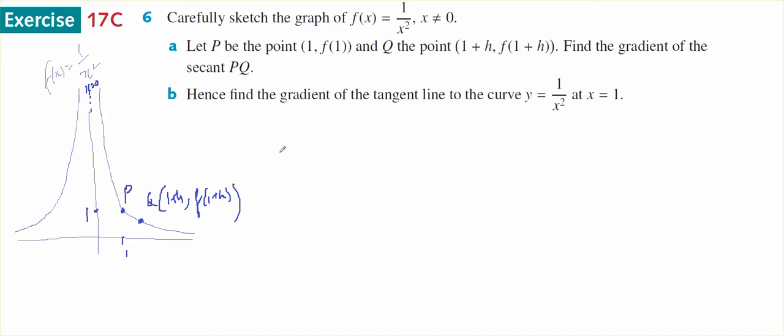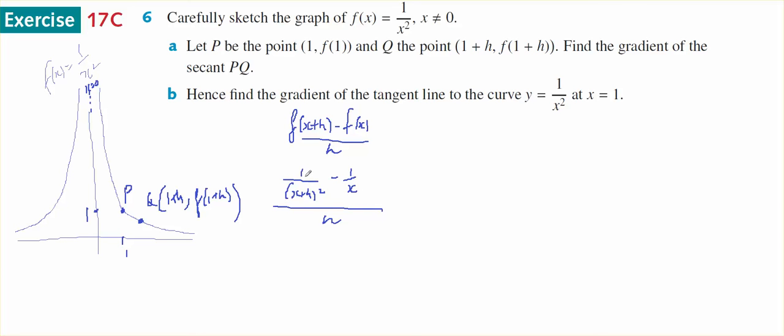So the gradient of the secant will be (f(x + h) - f(x))/h. And f(x + h) will be 1/(x + h)² minus 1/x, all over h.